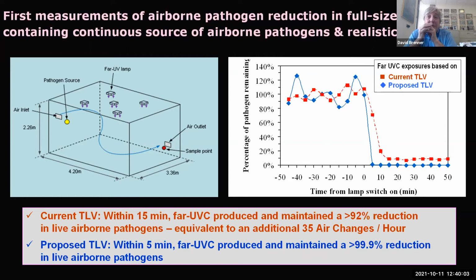In a real room-like situation, using current regulatory limits, this produces more than a 90% reduction in live airborne pathogens, which is way more than you could expect to get with any other potential methodology. Most encouraging. Of course, a 92% reduction in live airborne pathogens means a 92% reduction in the risk of airborne transmission for people potentially in that room.